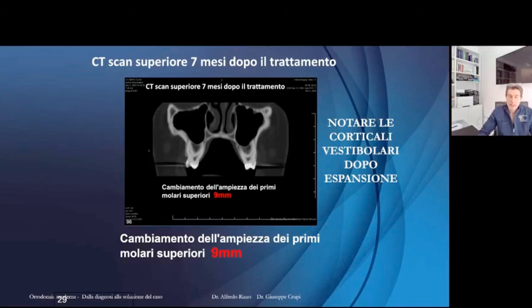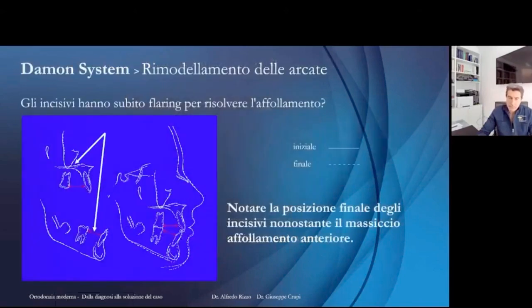The same thing is clearly demonstrated in the area of the first premolars, which clearly demonstrates that there are no issues of denuding dental roots from the cortical bone, as long as we follow the protocol, the time terms, and the forces of the treatment.